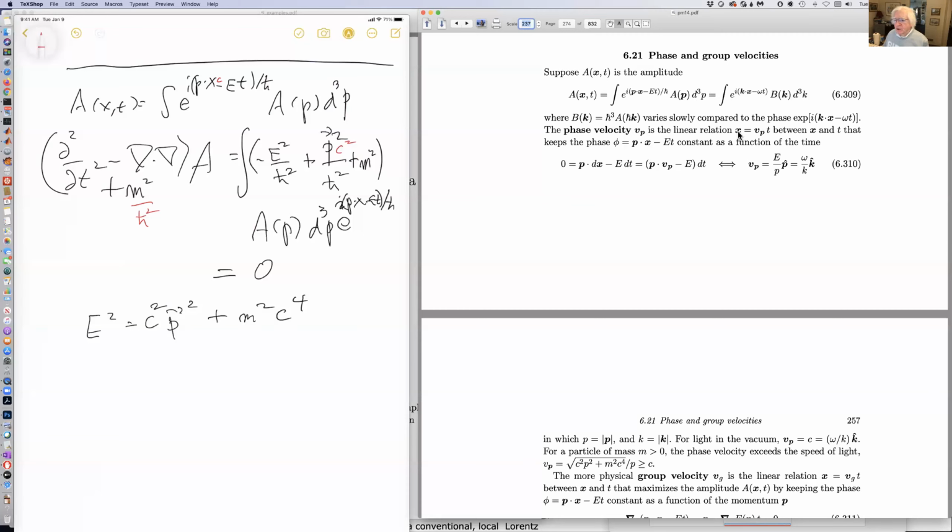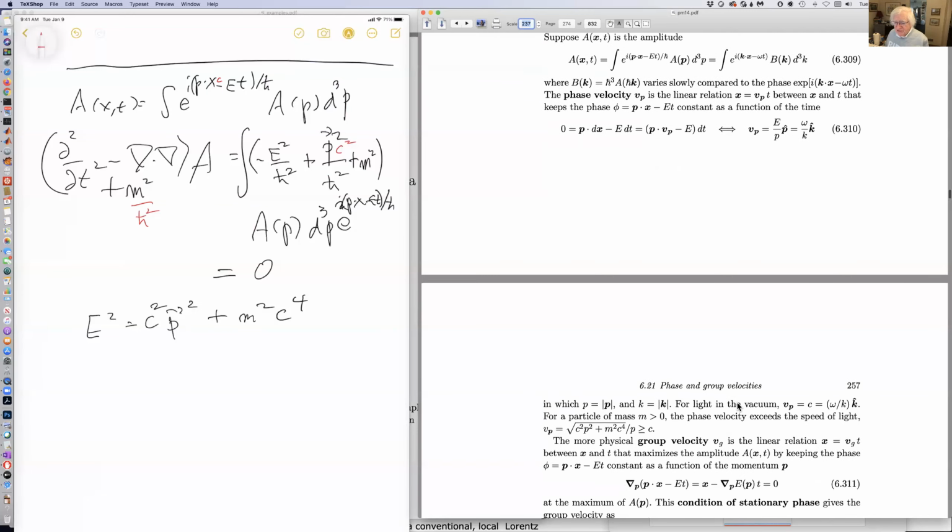The phase velocity is the linear relation between position and time, such that we keep the phase constant as a function of the time. So that means that we rewrite this sum of two differentials as dt times p dot something else, v phase. And that means v phase is E over p times p hat, or omega over k, k hat. So that's the phase velocity.